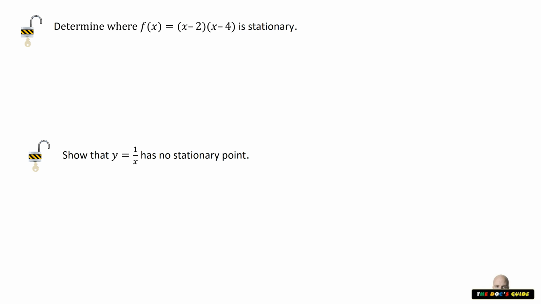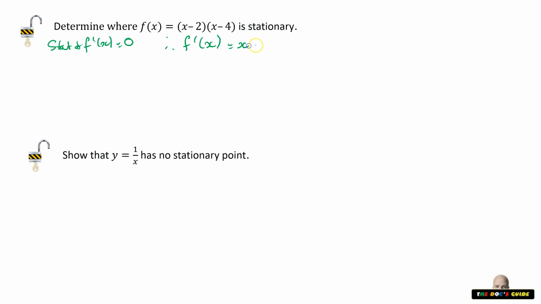So let's have a look at these examples. The first one is to determine where this particular function is stationary. We know that a curve is stationary at f dashed of x equals 0. So that's our condition for a stationary point. Our first task is to find f dashed of x. Now we could multiply this out, or we could apply the product rule.